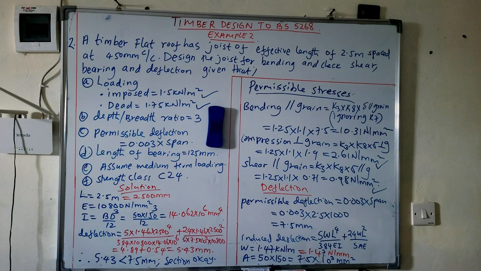So you will again redo the design and come up with a section that will not result in excessive deflection. In our case, 5.43 is less than 7.5 millimeter. Therefore, section okay in deflection. And our question ends there.